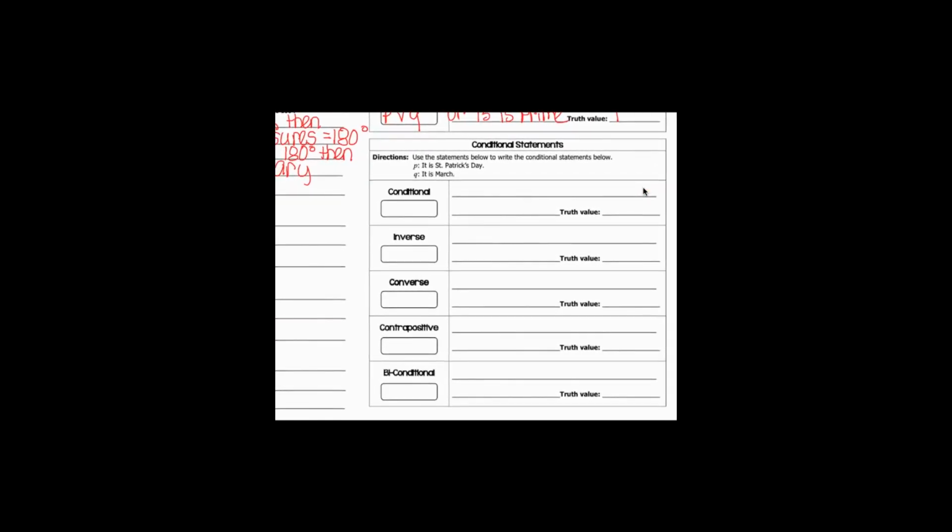And then just to review our conditional statements here. The conditional is just your regular if P then Q. In this case, our P is it is St. Patrick's Day and our Q is it is March.